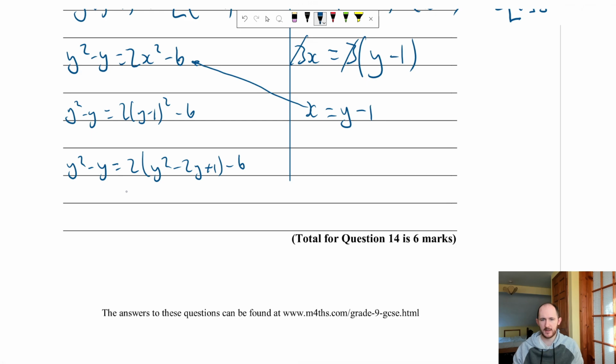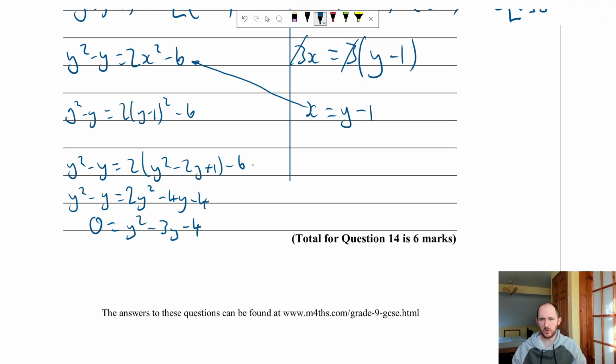Expand the brackets. Minus 4y. Then we have 2 times 1, which is 2, minus 6 would be minus 4. Let's move everything over to the right hand side, so we get 0 equals y squared minus 3y minus 4.